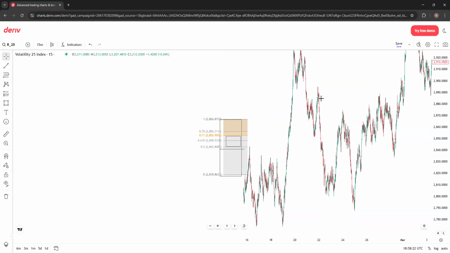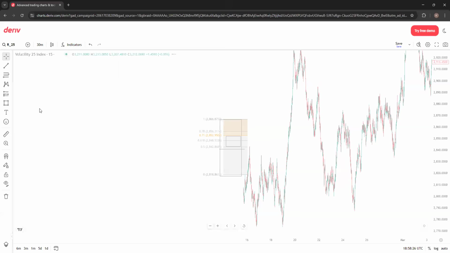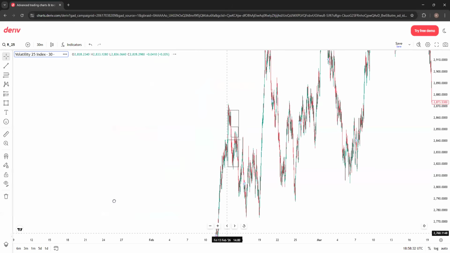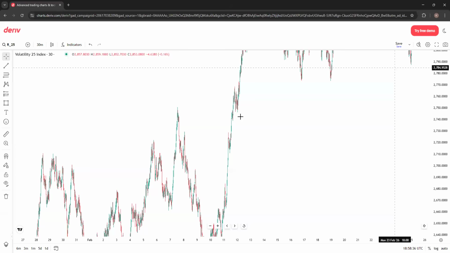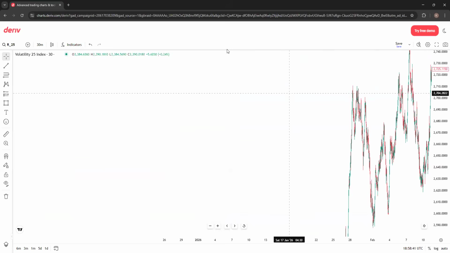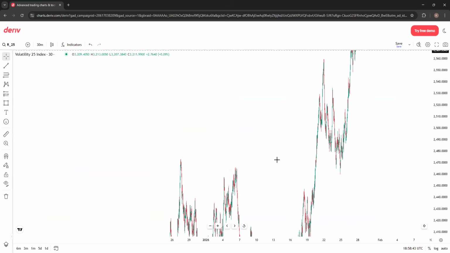Yo, it's not loading at that point. Sorry, guys. Okay, let me go to M30. Let me go to M30 and see if they are gonna load. All right, I think is it that point? Let me just zoom out a bit. I want to go back to that point and show you something.